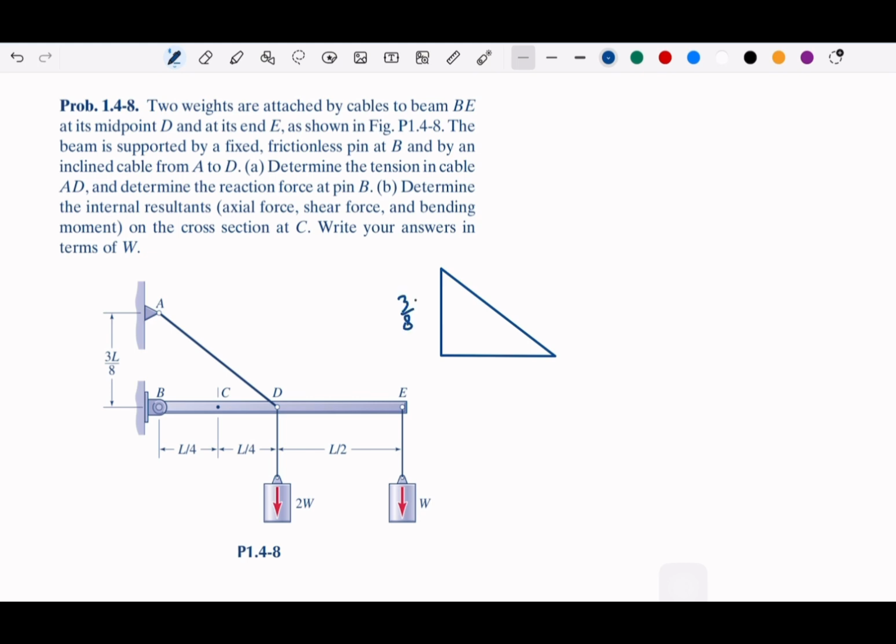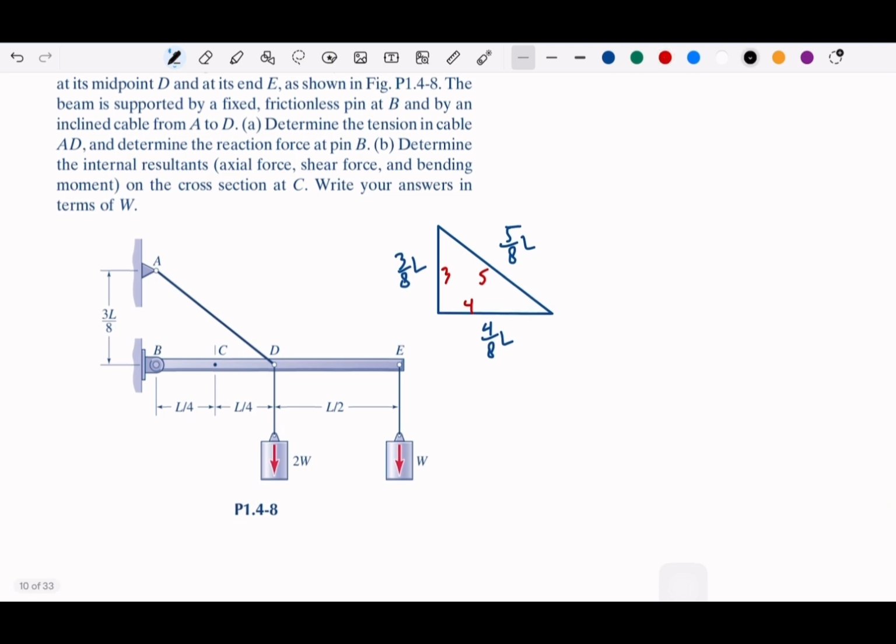So 3 over 8. This is L over 2, but I will multiply by 4, so 4 over 8 L. So this should be 5 over 8 L, right? So we have a 3, 4, 5 triangle to help navigate the trigonometry. Okay.